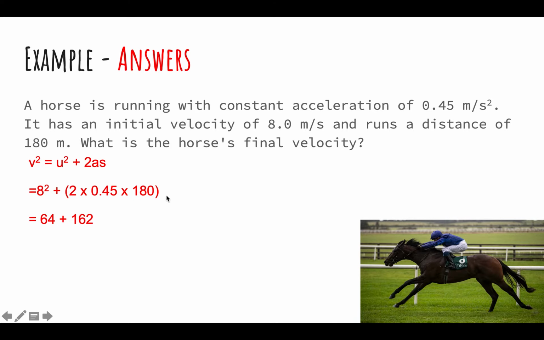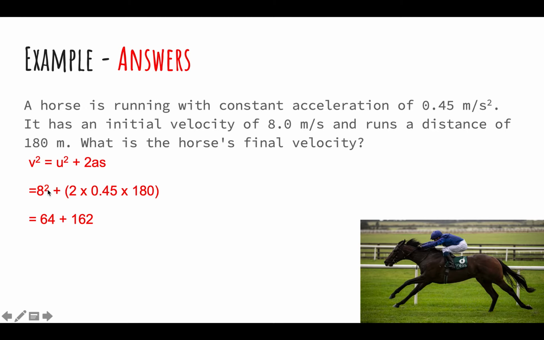Notice I put this region in brackets for 2as because often it helps to separate out equations where you've got more than one term. Okay, by term we mean a part with a letter, a variable in it. So we're following BIDMAS, so I'm doing this brackets bit first.